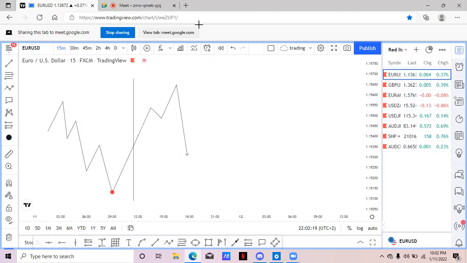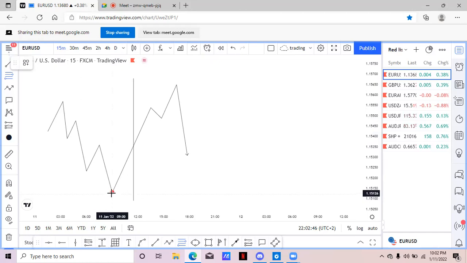This high of the day, this high of today, was formed around the London session, between 9 a.m. South African time and 1 p.m. South African time.